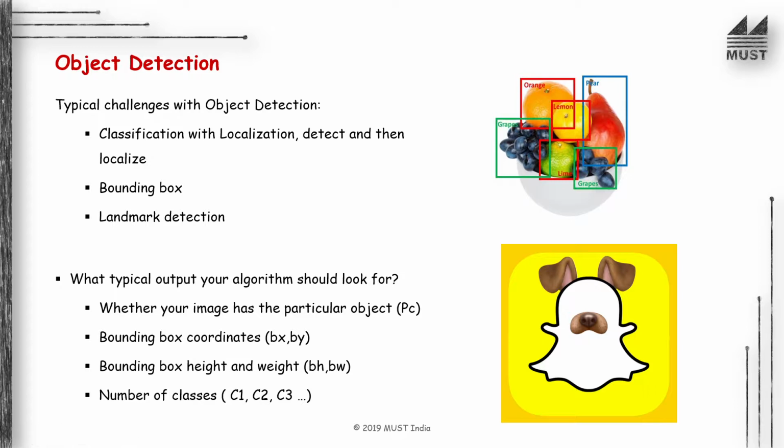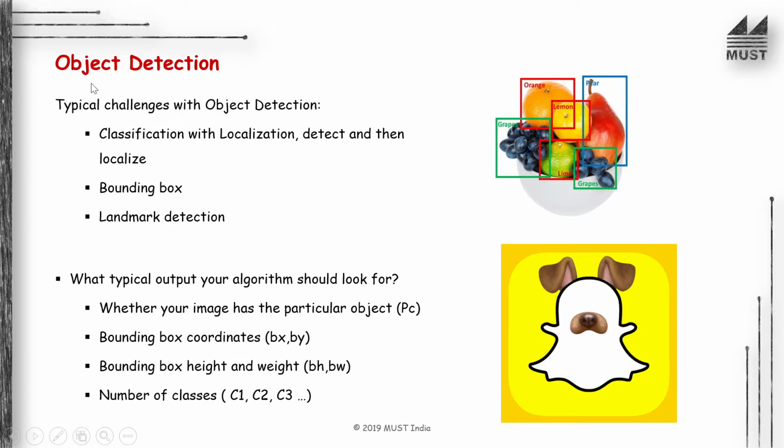It depends on which algorithm you are using, but you need these bounding box coordinates bx and by. Once you get the coordinates, you need the bounding box height and width as well. So you need bh and bw, and the classes in your solution. So if you have 3 classes, it will be c1, c2 and c3.